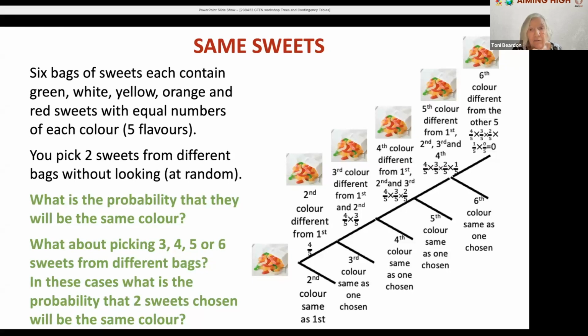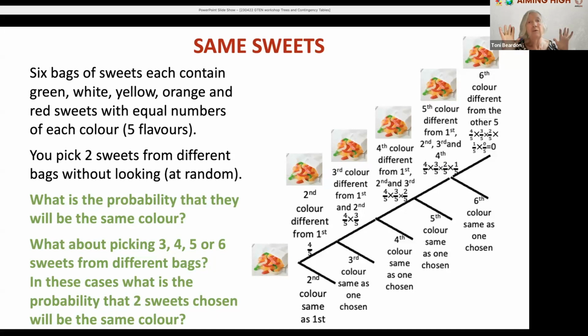If they're all different, and they're going up the top of this tree, and at this stage there are only 2 colors left, so we multiply by 2/5. We go on to the 5th color, and now 4 colors have been chosen, there's only 1 left, so the probability that they're all different is 4/5 times 3/5 times 2/5 times 1/5.